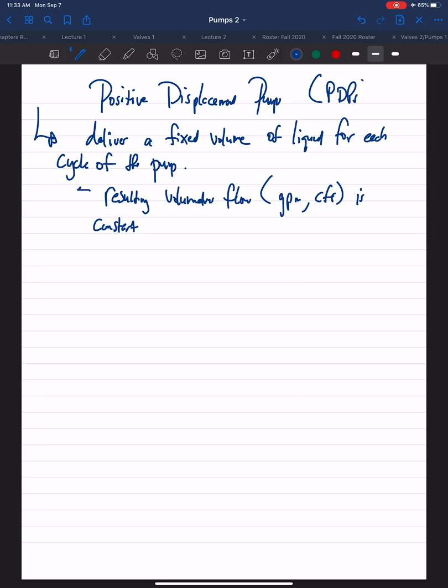Positive displacement pumps, PDPs, are typically used in systems that require a constant flow.